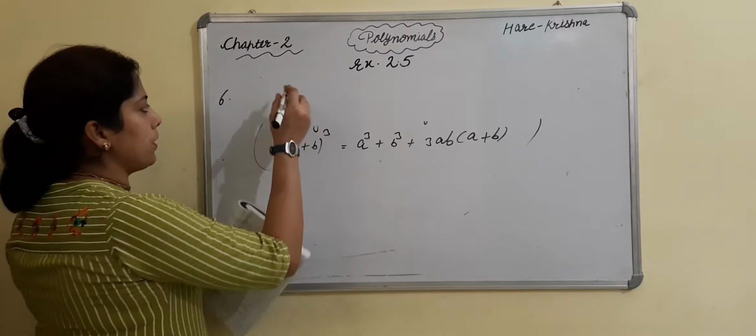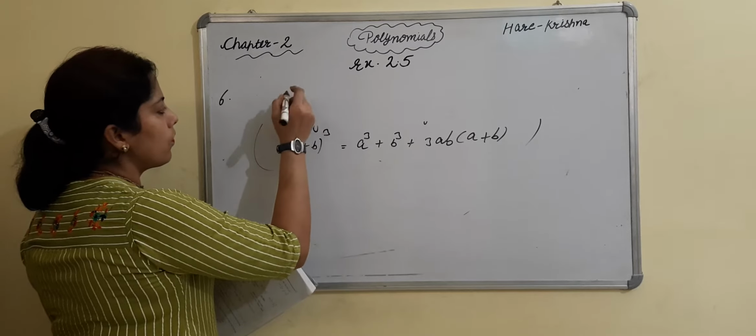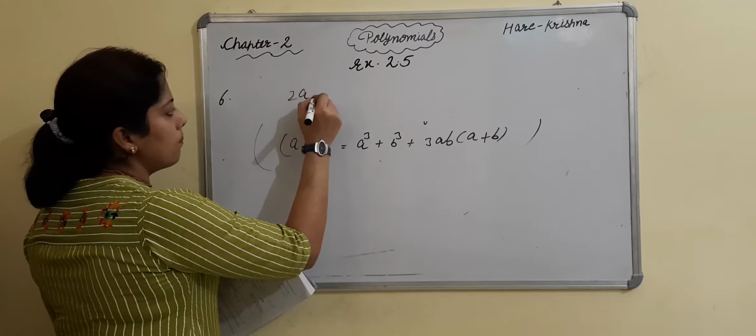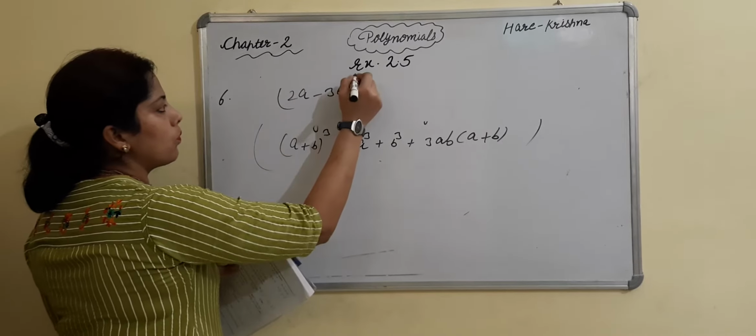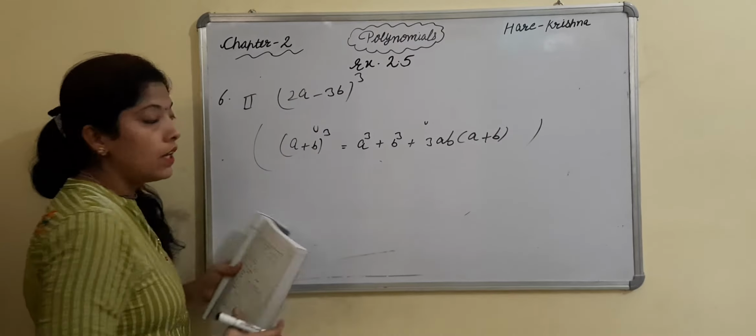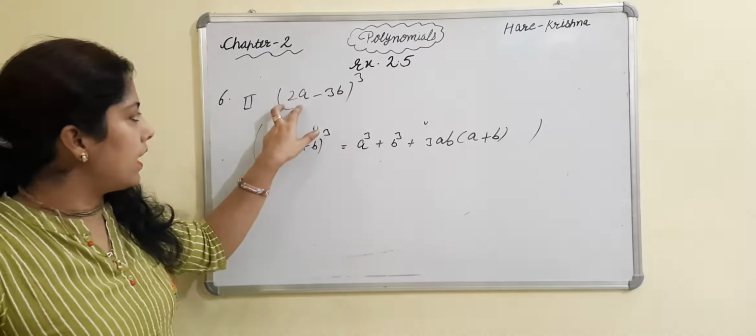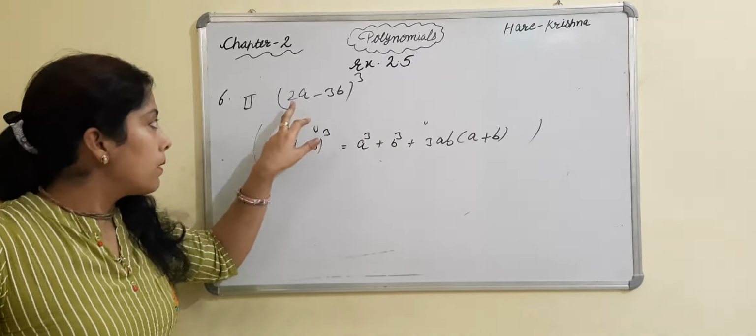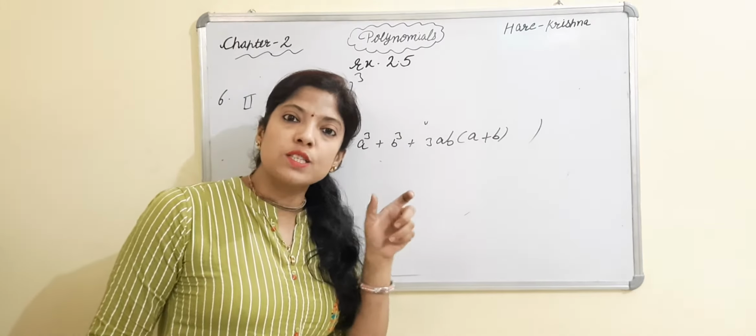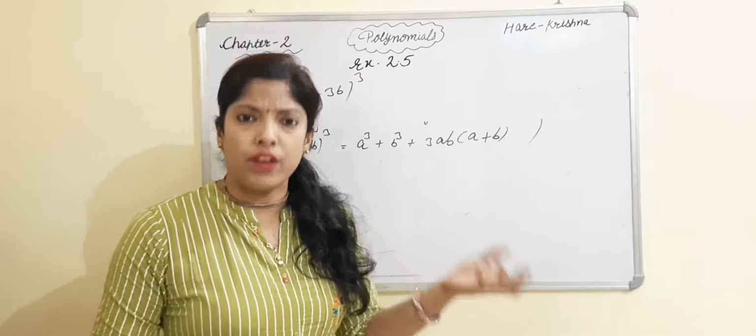2a minus 3b. (2a − 3b) cube. This is the second part. 2a, this is our a and this is our b. Now this is (a − b) cube. So we have the identity of (a − b) cube.